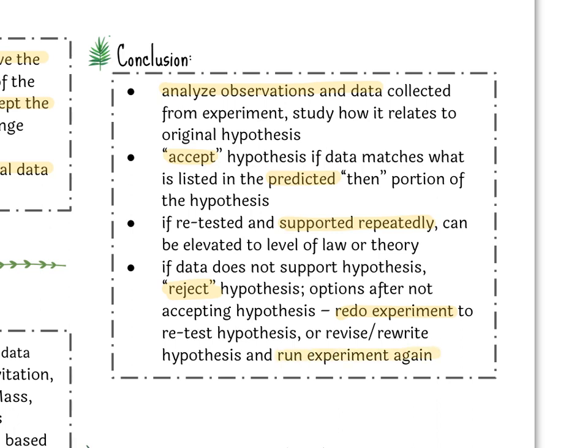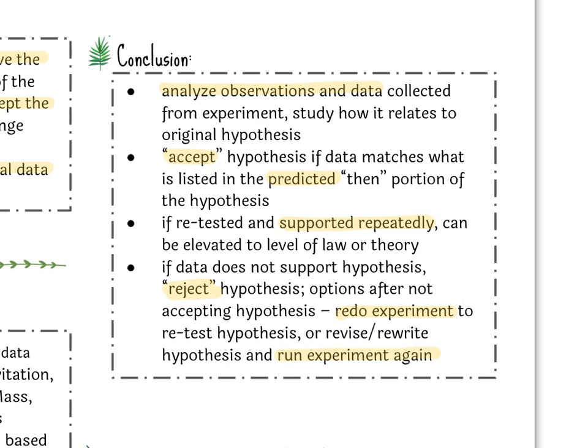If you have run the experiment and you get one thing that doesn't match your hypothesis, you can change your hypothesis to match what you got in the first experiment, and then, this is very important, you still have to run the experiment again to see if you get the same thing again. But in no part of this, if you reject your hypothesis, do you just give up. You still had very important data, and you get something from that.